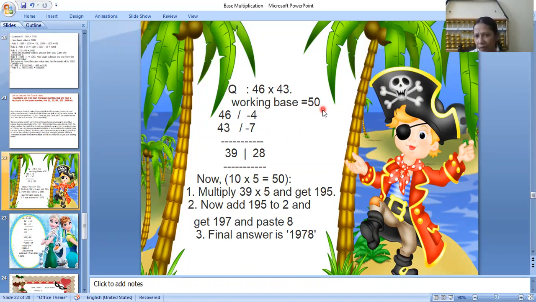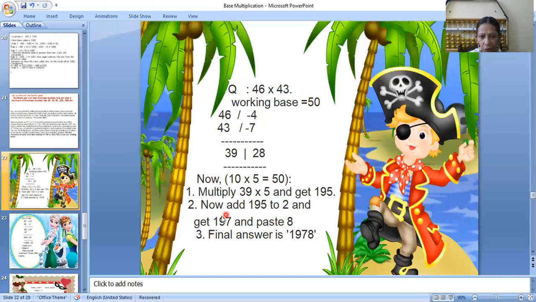What is 50? 50 is 10 multiplied by 5. The actual base is 10, but we have multiplied 10 with 5. So this is our new base 50. So here you have got this 39. You have to multiply this 39 also with this 5. So multiply 39 with 5 and you will get here 195.